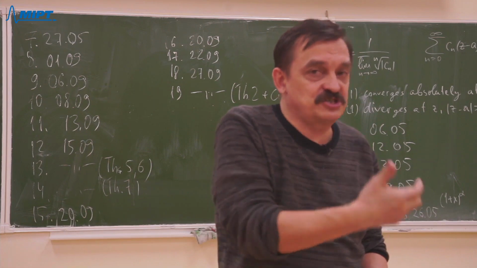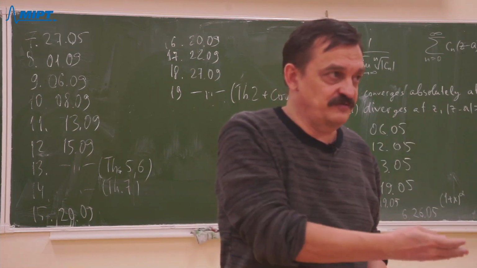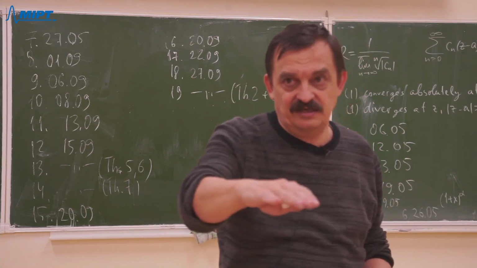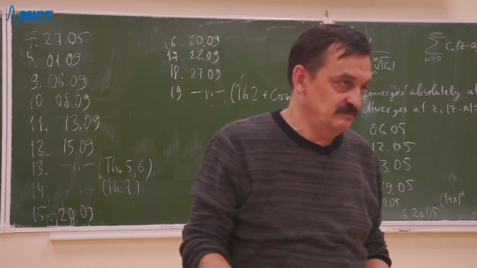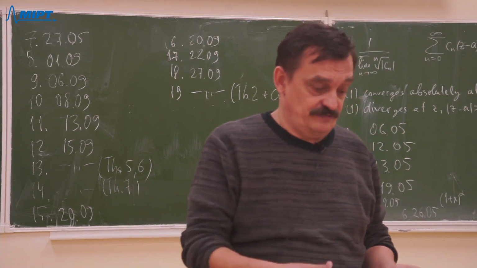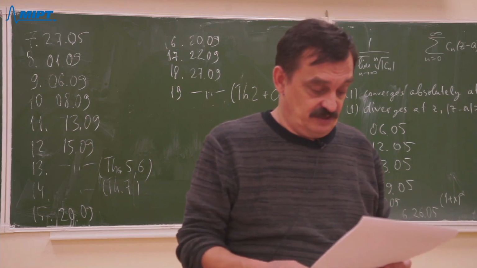And of course, the traditional Weierstrass theorem, what does it say? That every continuous function on a compact is bounded and attains maximum and minimum. And that is a corollary. So don't forget about the corollary here, it is very important.